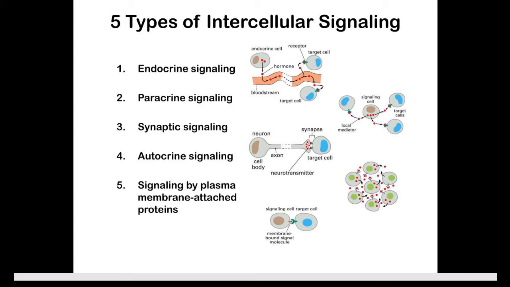Synaptic signaling. In synaptic signaling, there is a neuron cell. This neuron cell has an axon end for passing the signal. The axons carry the signal, and that signal passes to the target cell.